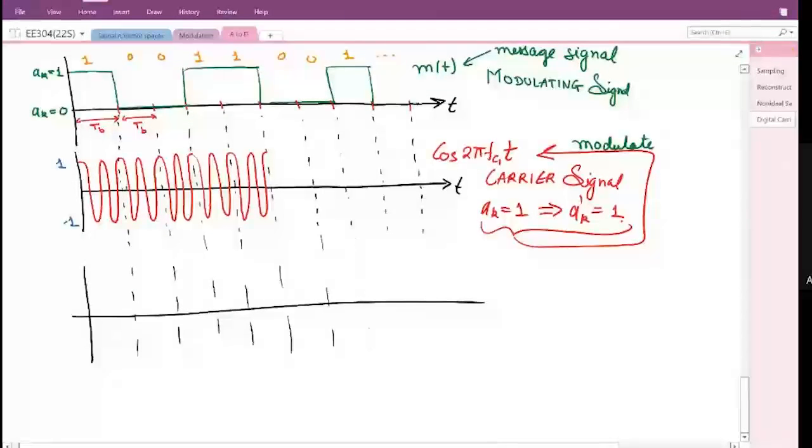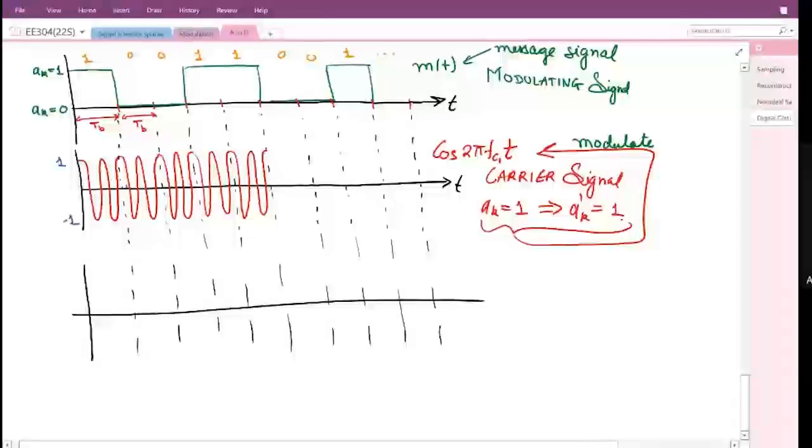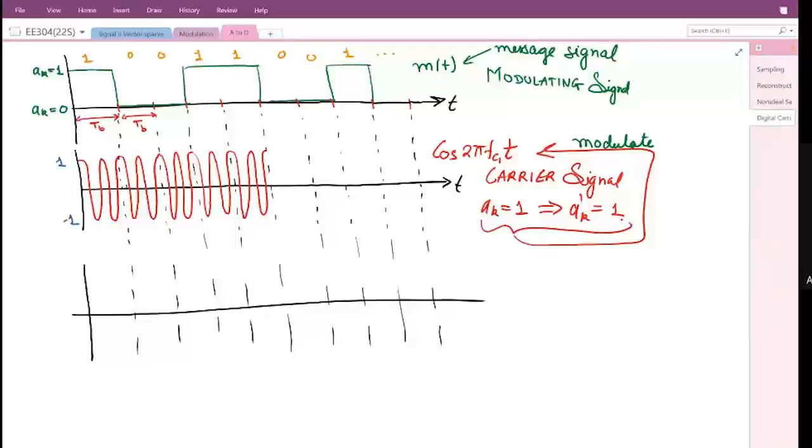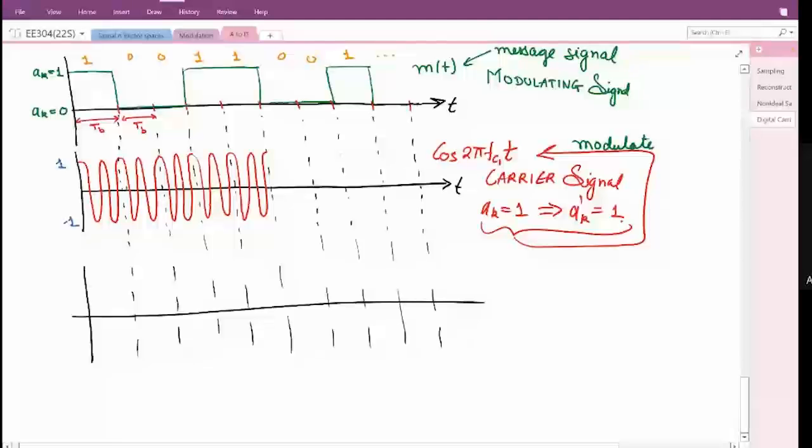Let us say that this has got 2 cycles. Let us say this has got 3 cycles. We can assume anything. We cannot say just 2 cycles, so we can either say 1 or 3, that means either a lower or higher number of cycles. So let us say this has got 3 cycles now.